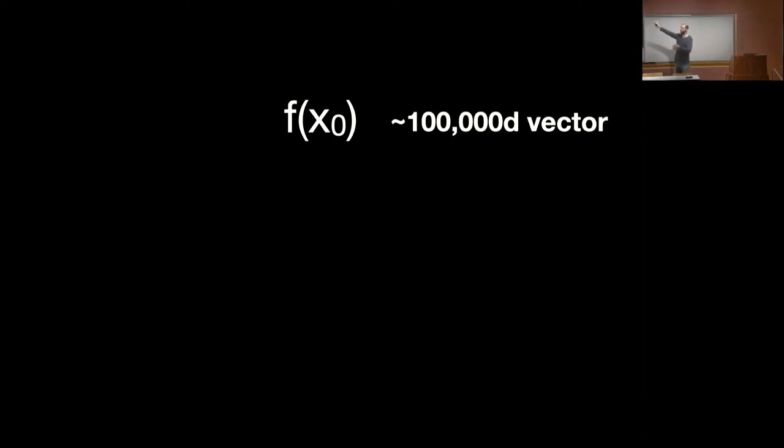So let me do the following. Let me query the model on a random input x. Doesn't matter what the input is, I'll just query the model on some random input. And just so we remember, this is like a 100,000 dimensional vector, right? I get a single logit for every single possible token. And I can sort of read this off.